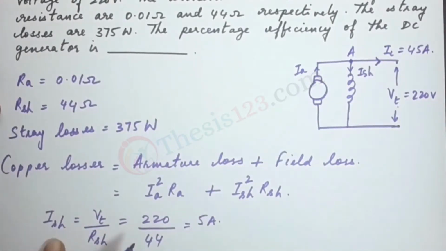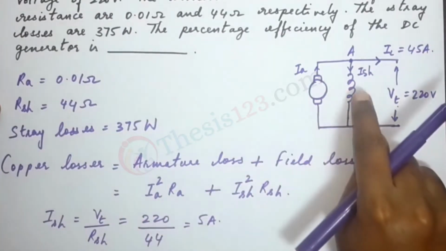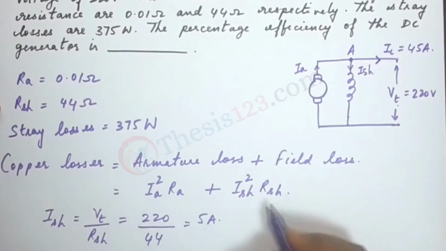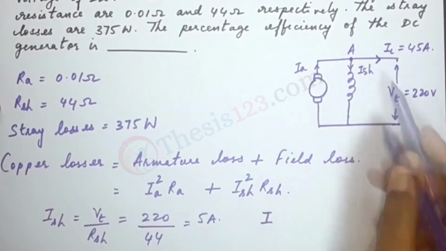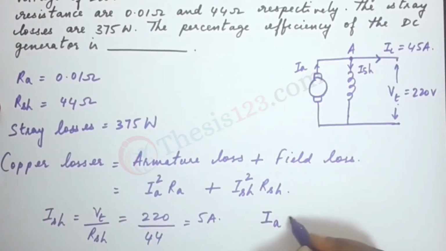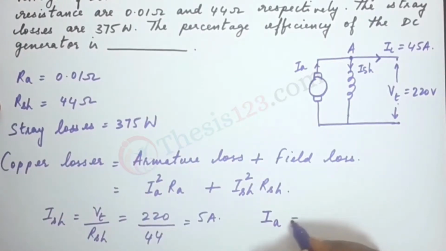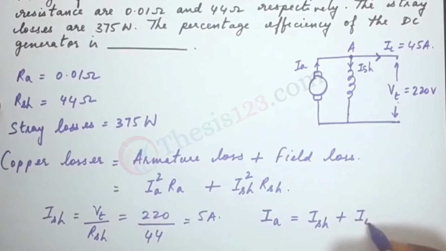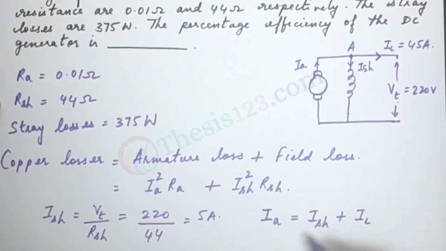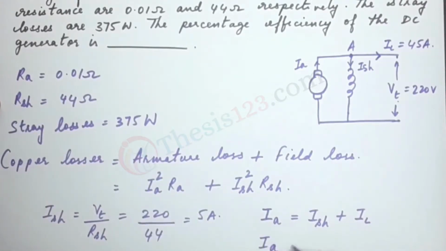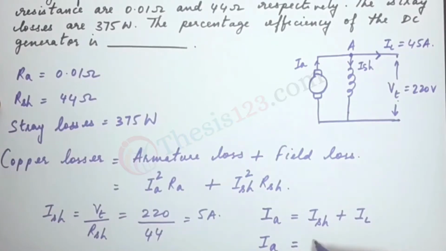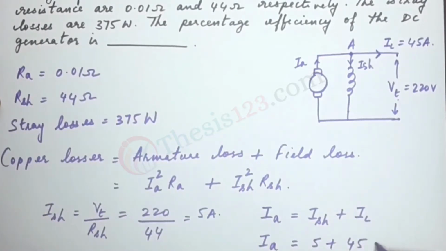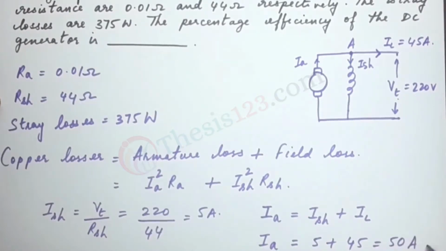Okay, so we have Ish now. Using Ish and IL, we can calculate the armature current. Looking at the diagram, armature current equals the field current plus the current the generator delivers. So Ia is equal to 5 plus 45, 50 amps.